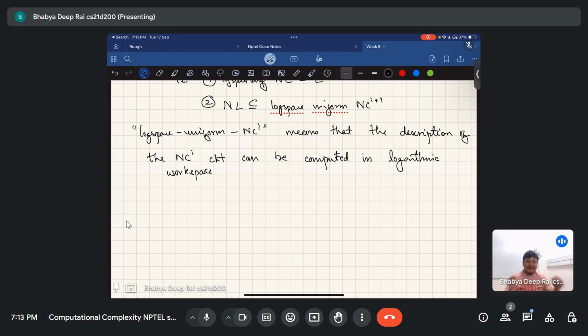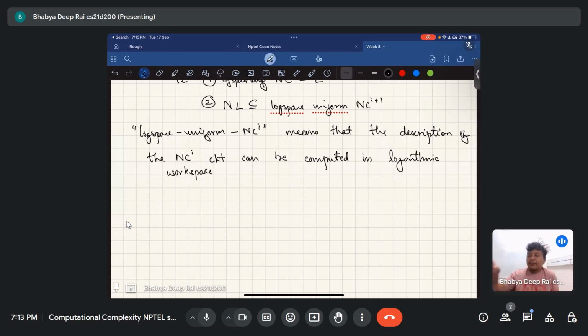Since I cannot write the entire description of the circuit, I can do something like given an index j, I can tell what is the jth bit in the description of the circuit. I just need to write one bit, but I cannot write the entire circuit description because I'm bounded by log n space. So this is what is meant by log space uniform NC^i.